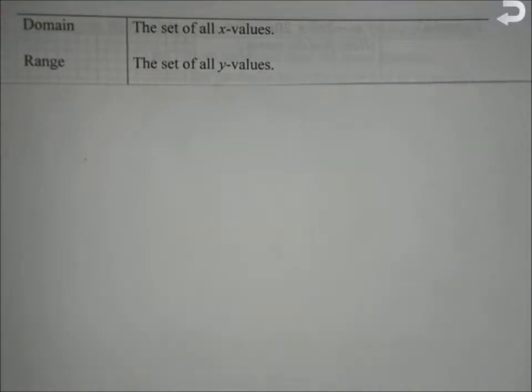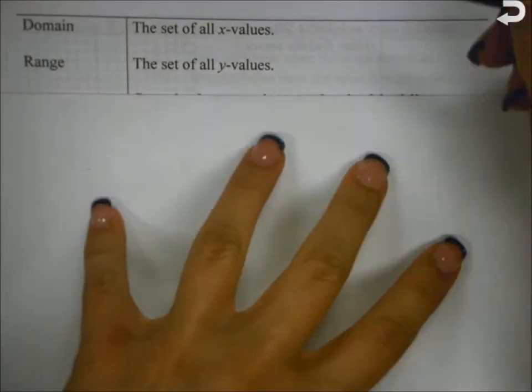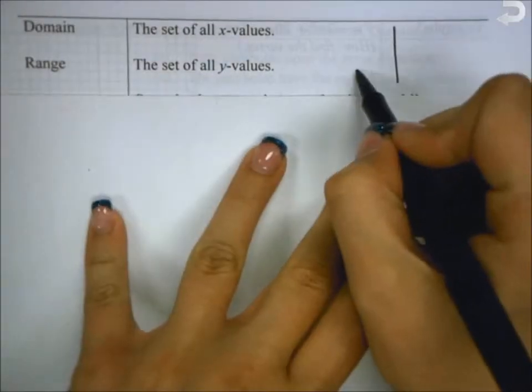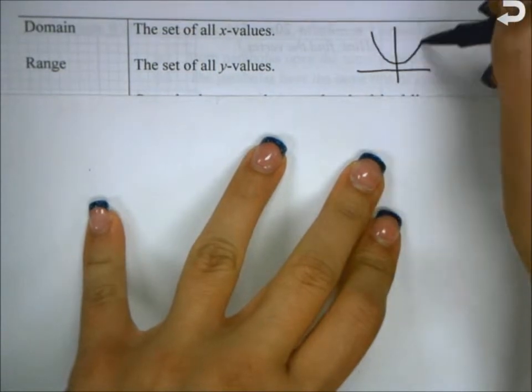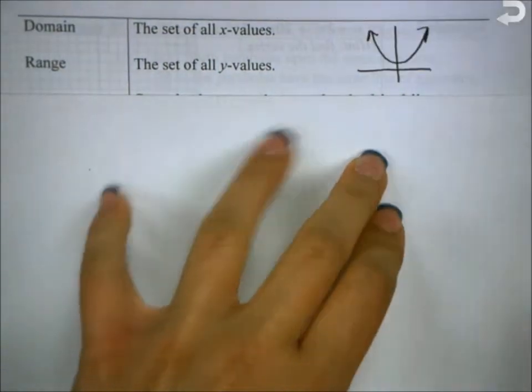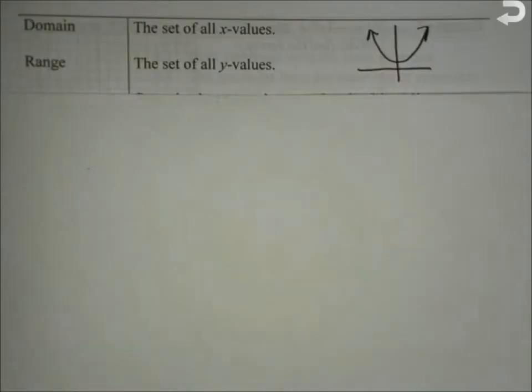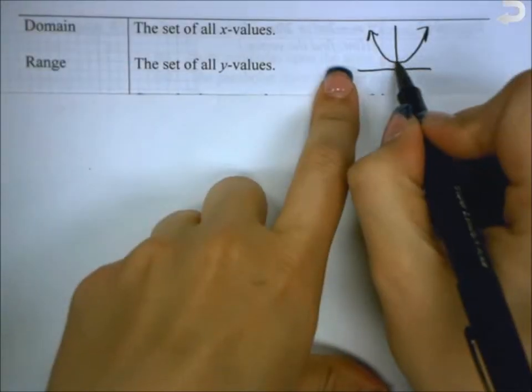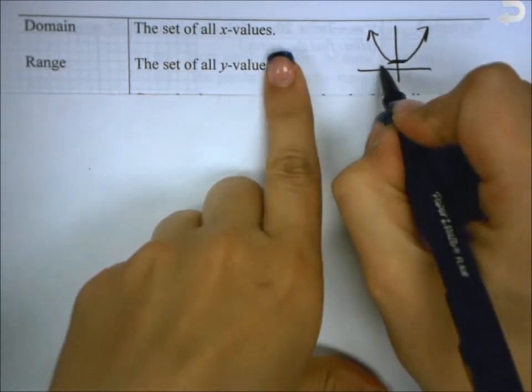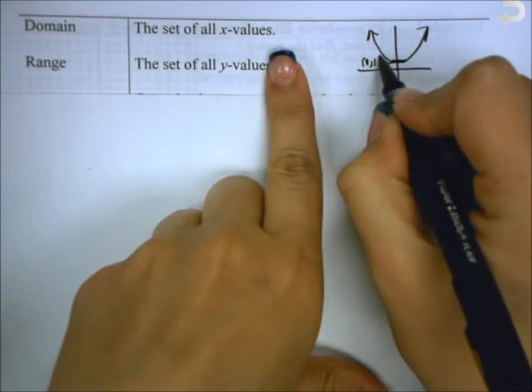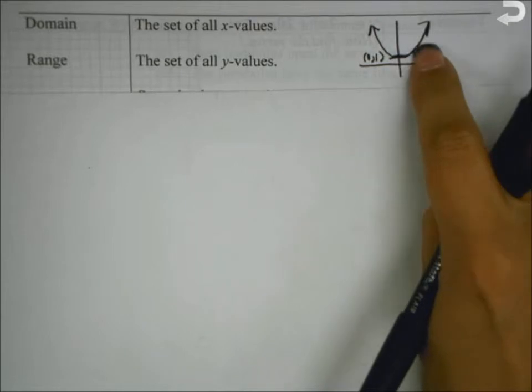Kind of. Okay. Let's look at just any sample parabola. So let's say this is my parabola. Okay, now the arrows mean that it's going on for how long? Forever, right? Okay, so what can I plug in? Let's call this point (0, 1). What x values can I plug in to the parabola or to the equation of the parabola?